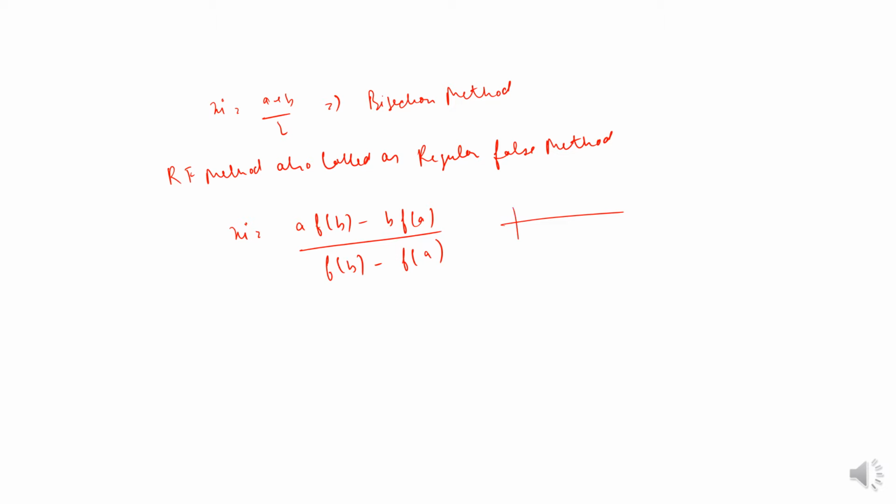Here a and b are the same, this is the number line, and f of a is less than 0 and f of b is greater than 0. If we have something like this, then with the help of the regula falsi method we can compute xi.